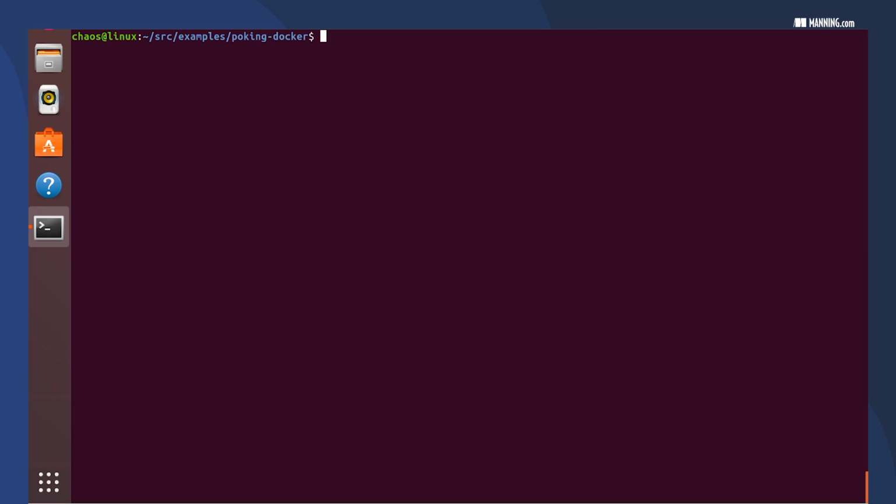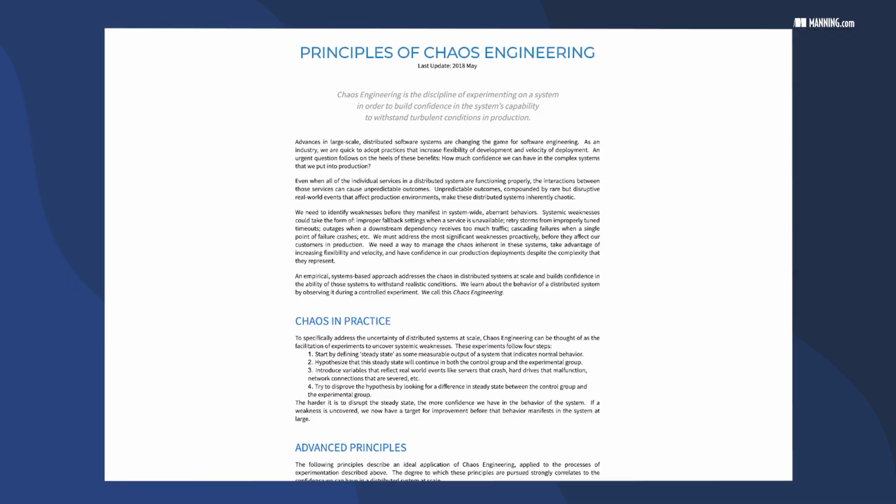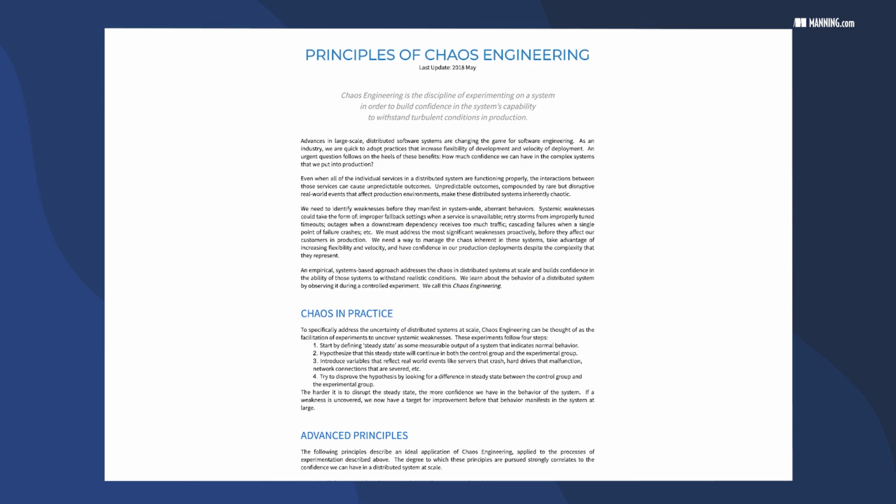But if you are new to that, let me just quickly switch the browser. This is what I consider the canonical definition of what chaos engineering is right now. If you go to www.principlesofchaos.org, this is the definition.